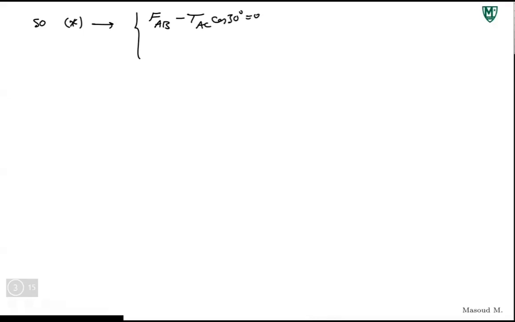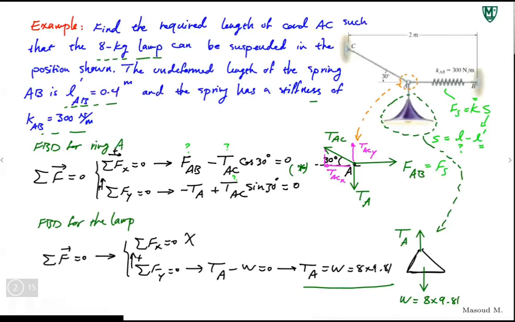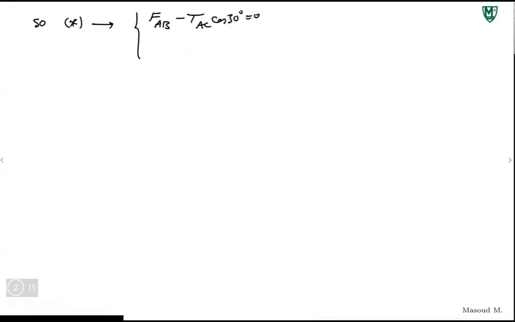And the second equation becomes, well, that's what we have there. TAC sine 30 degrees, which we don't know TAC. Minus, now we know TA, which is W. So 8 times 9.81 is equal to 0.